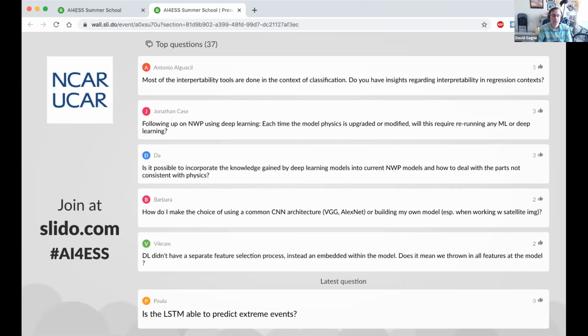Okay, our next question is, most of the interpretability tools are done in the context of classification. Do you have insights regarding interpretability in regression contexts? I should say we'll hear more about this on Thursday, and they'll talk about both regression and classification approaches.